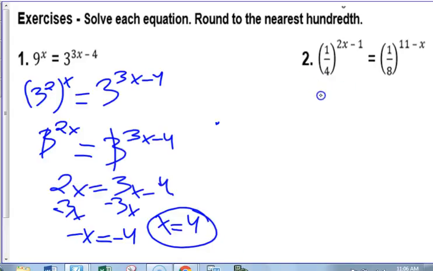Number 2 is a little bit trickier because I can't make 8 a power of 4, yes? I'm going to have to make these both powers of what? Powers of 2. All right, let's start by writing this as 4 to the negative 1. And this one over here as 8 to the negative 1.